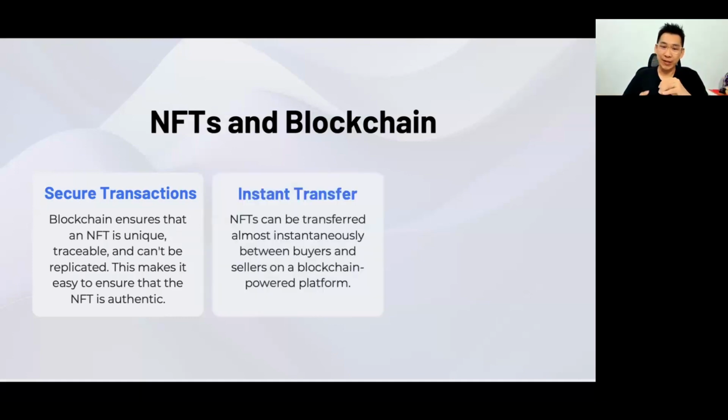Next is instant transfer. NFTs can be transferred almost instantaneously between buyers and sellers on a blockchain-powered platform, just like crypto. Crypto is part of blockchain. Certain countries in the world today have limitations in terms of receiving money.